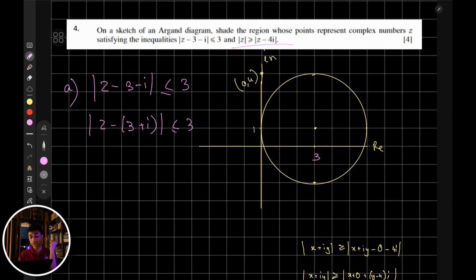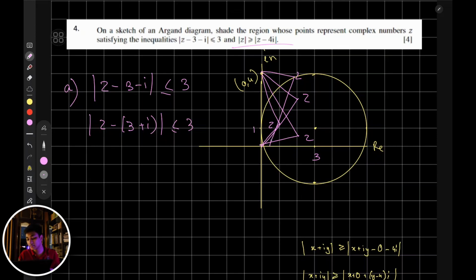So basically they're telling you that the distance between this point and any point z has to be less than or equal to the distance from the origin. So let's say this is z, this is z, this is z, and this is z.